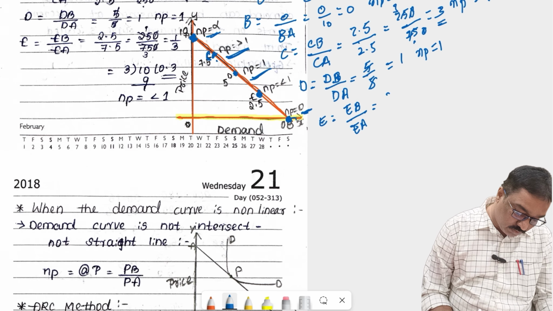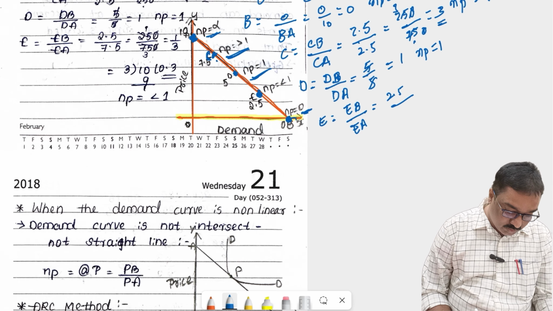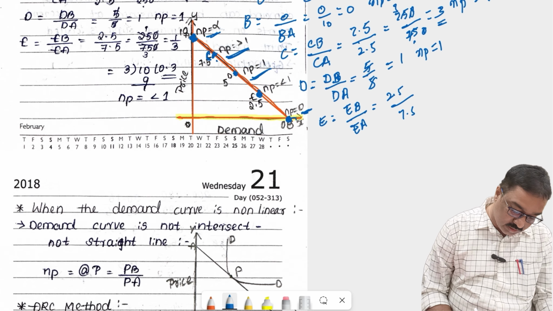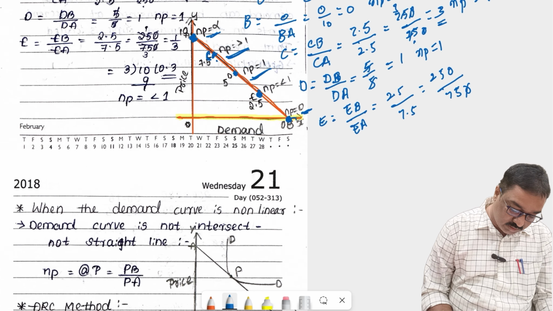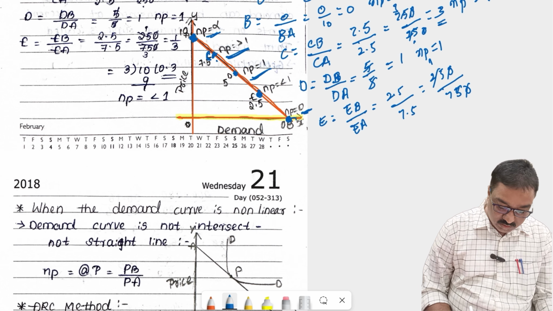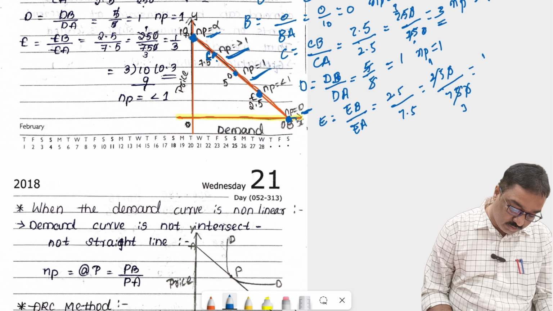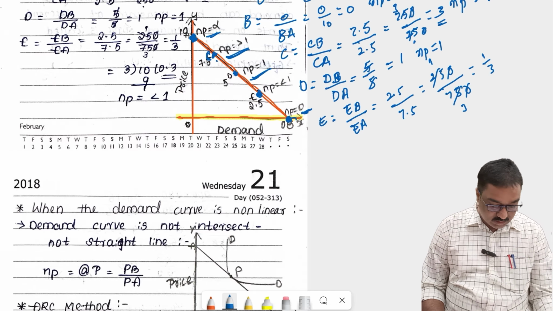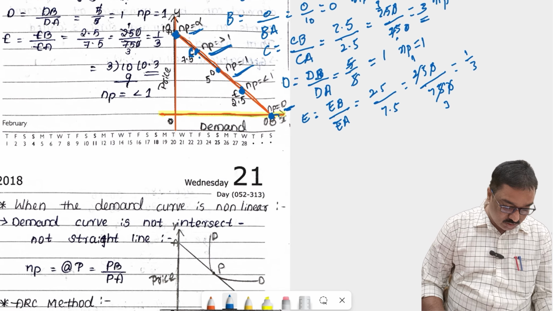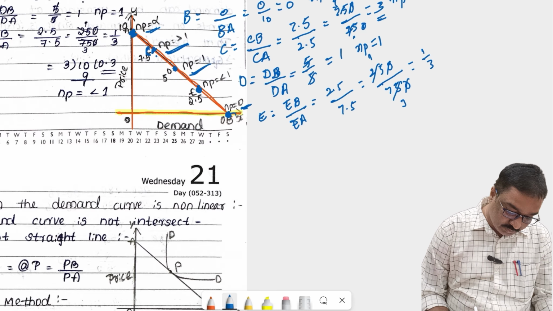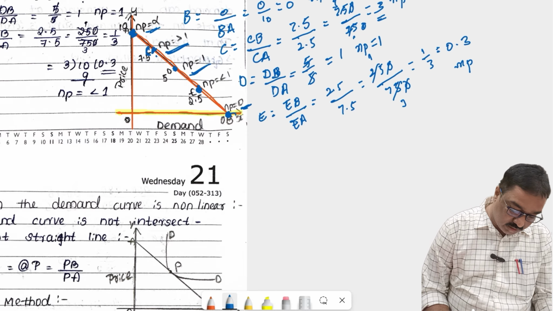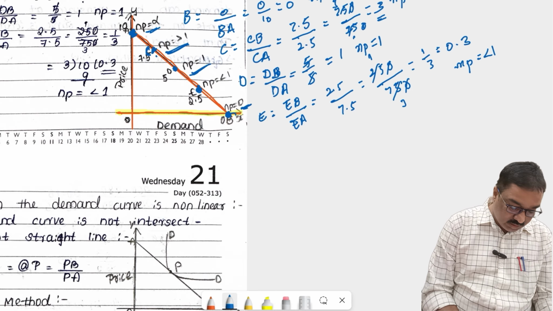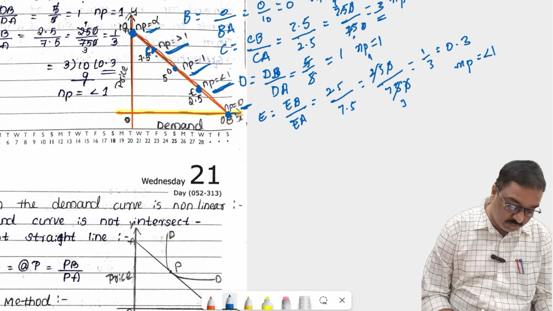So 2.5 by the upper segment 7.5. 7.5 is equal to 250 by 750. This one cancels. 25 ones are 25, 25 threes are 75, so it is 1 by 3. 1 by 3 is nothing but 0.3. It means NP is less than 1. So here NP is less than 1 at the point of E.